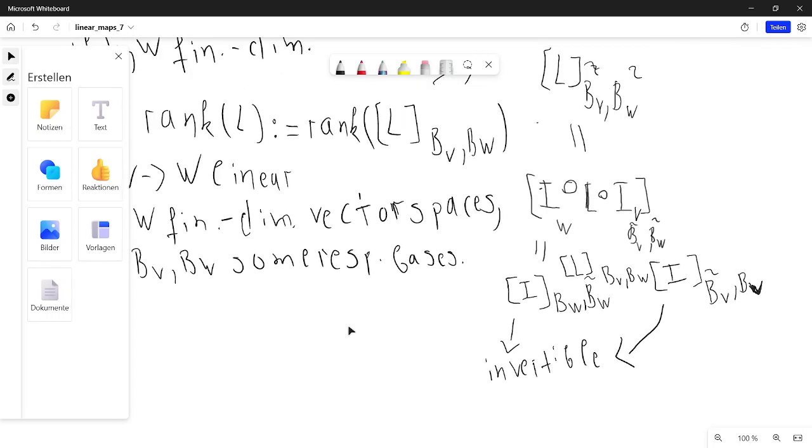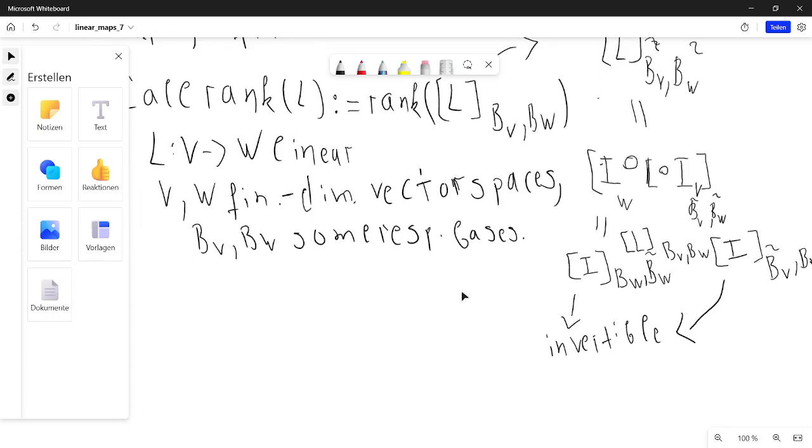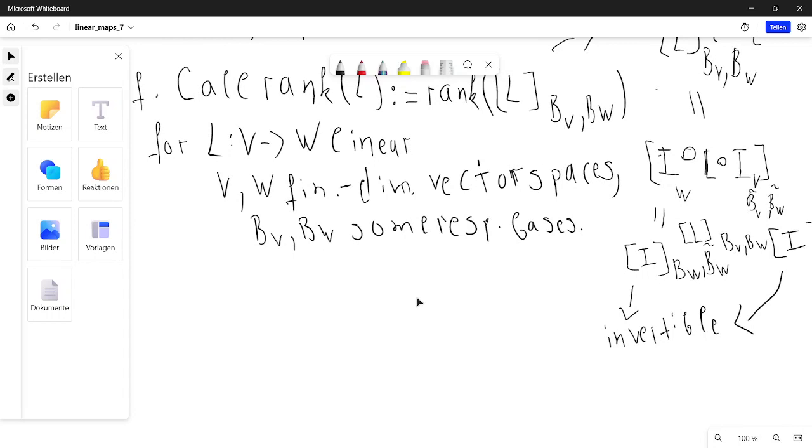I don't know it yet. The basics of linear maps we actually covered, I think. That's all you have to know. Yeah, alright. I stop here.